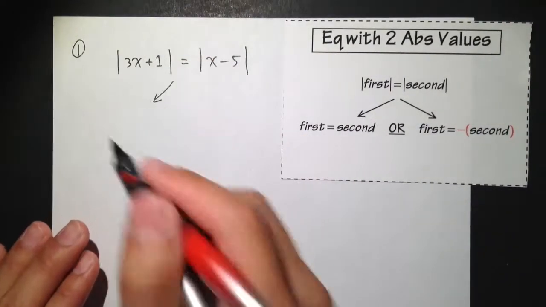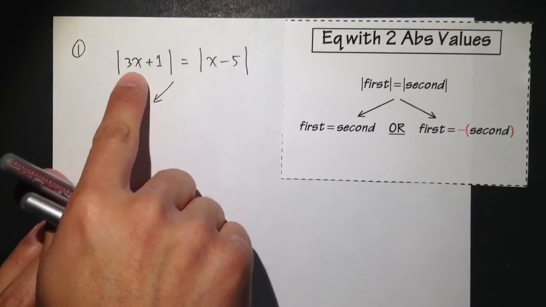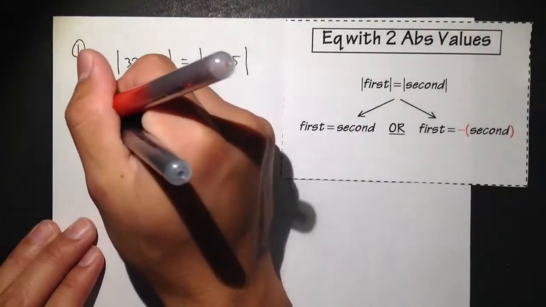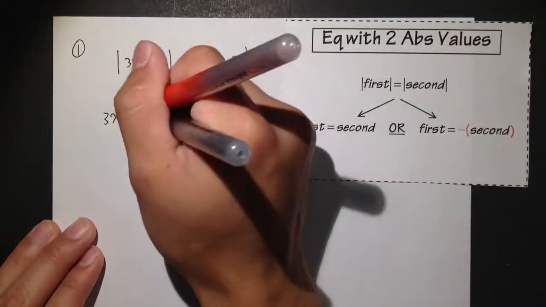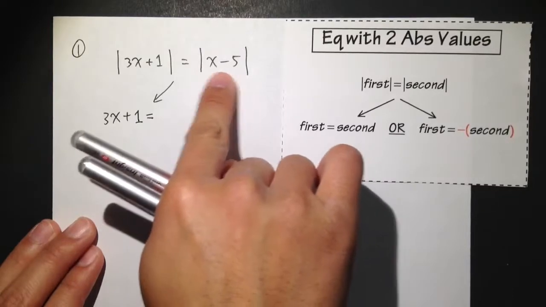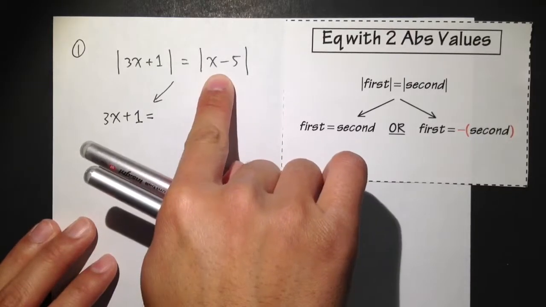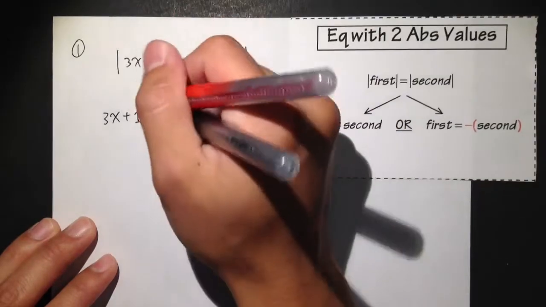For the first one, I will keep the inside of the first right here. So I have 3x plus 1, nothing changed, and that's equal to the inside of the second absolute value. Again, nothing changed. I will just write down x minus 5.